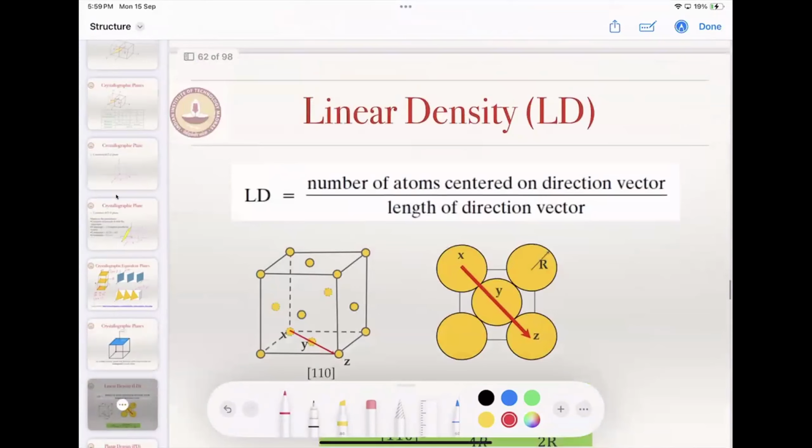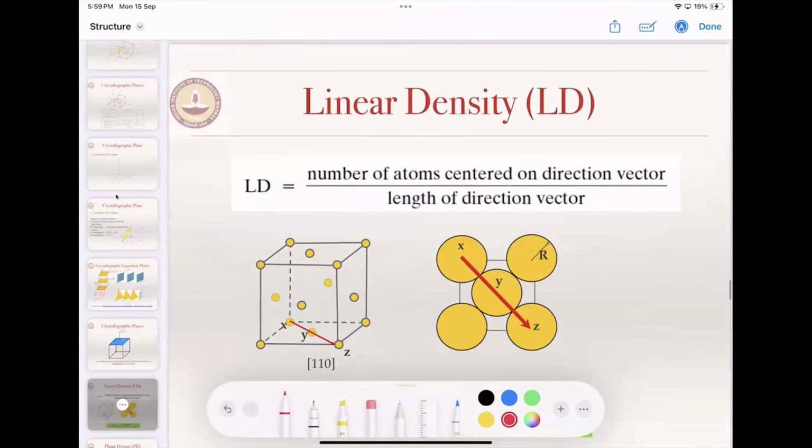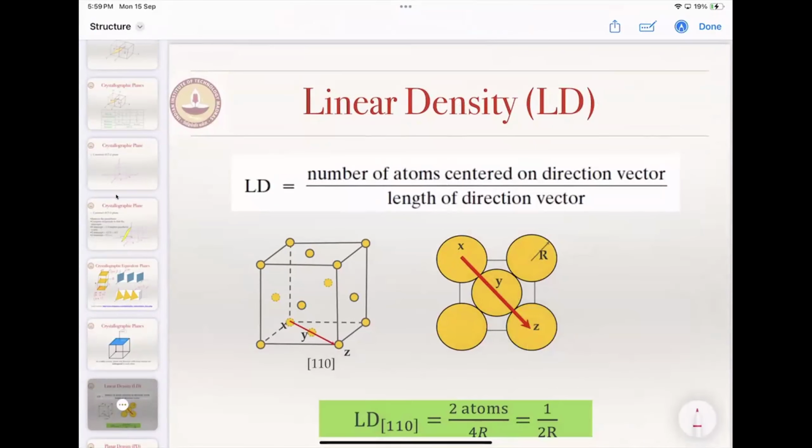Now, we come to the actual reason why we have learnt about these crystallographic directions and crystallographic planes. As I told you, the equivalent crystallographic directions will simply be permutations of those symbols.